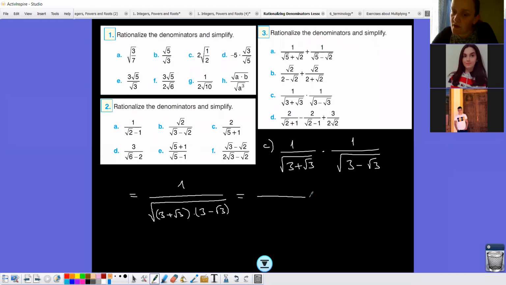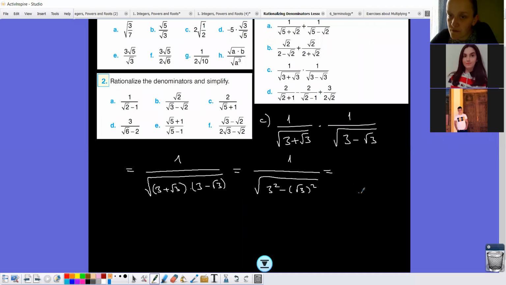So what will it be? 1 over root of 3 squared minus root 3 squared, yes? Then what I will have? 1 over root of 9 minus 3. Yes. Then it will be 1 over root of 6.